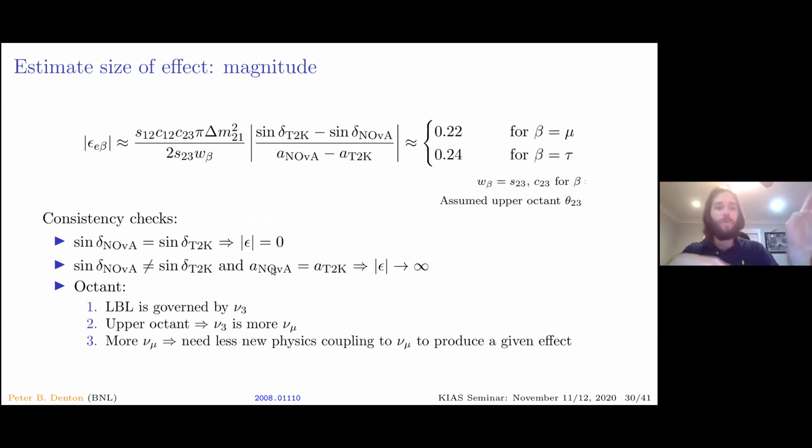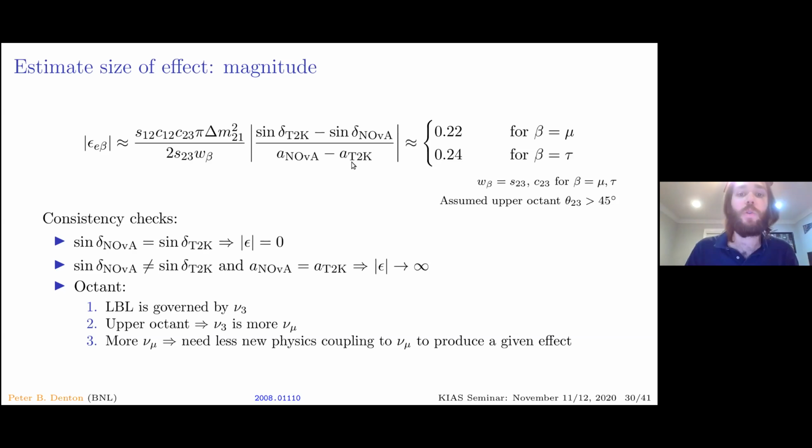So you can work out some algebra, and you can estimate the magnitude of this effect to be around 0.2. And you can do some consistency checks, and these numbers all make sense. Basically, if these experiments measure the same thing, so if delta T2K, that is what T2K thought they measured assuming a regular 3-flavor fit, and what NOvA thought they measured were the same, and of course this is 0, then you have no new physics explaining this.